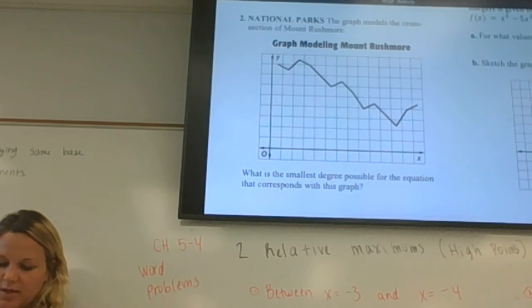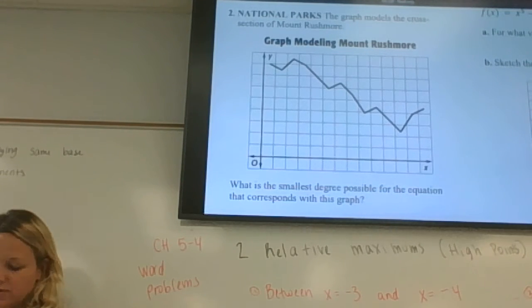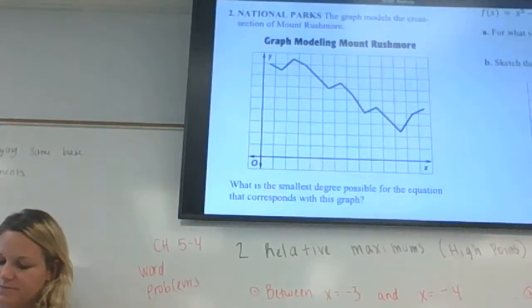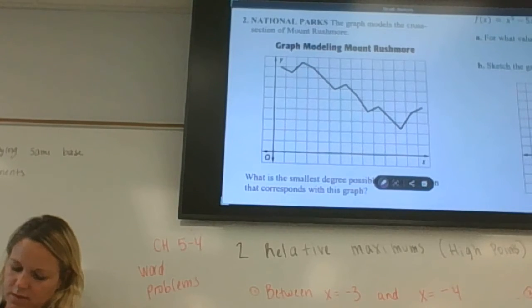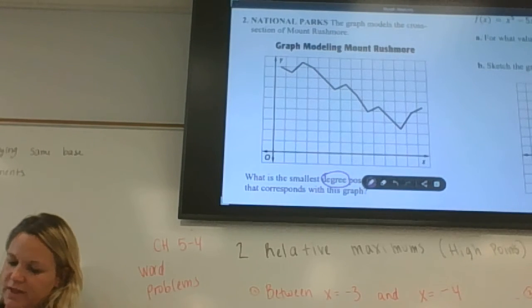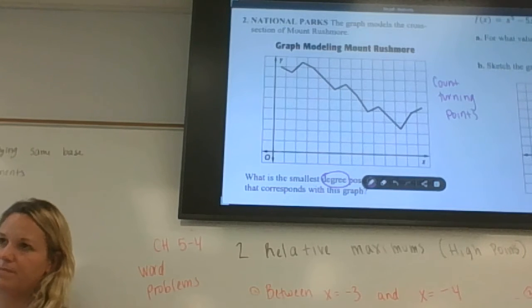What is the smallest degree possible for the equation that goes with this graph? So in order to identify degree, figure out how many turning points there are. In order to find degree, count turning points. I'll help you.